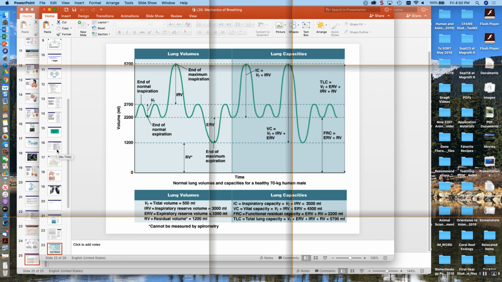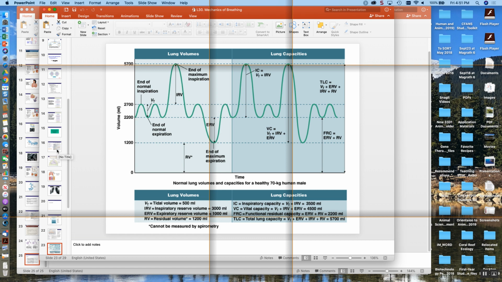Again, it's everything you can measure with a spirometer. And then finally, total lung capacity is all of the volumes added together. So you could also say it this way: it's the volume of air in your lungs after a maximal inhalation. Right? Okay. Sweet. I think we can do this.